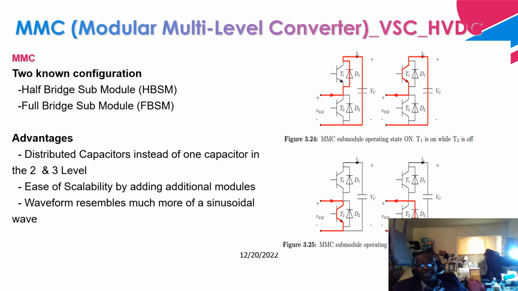Like I indicated, many of these submodules are connected in series, cascaded in series, daisy chained in series to achieve the desired voltage that is needed, and basically it allows you to achieve the perfect sinusoidal waveform. As such, you don't need harmonic filters to filter out any distortion.